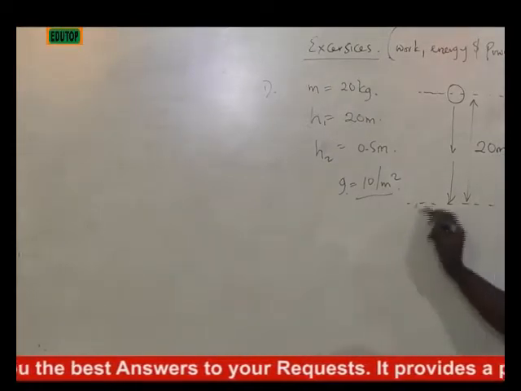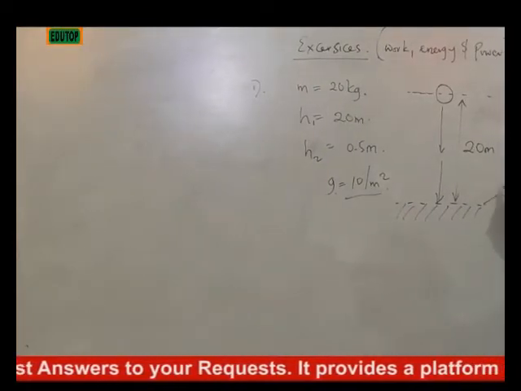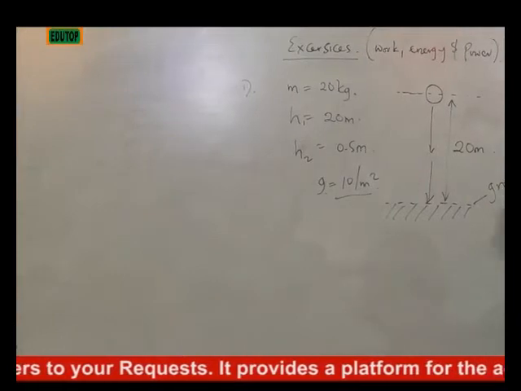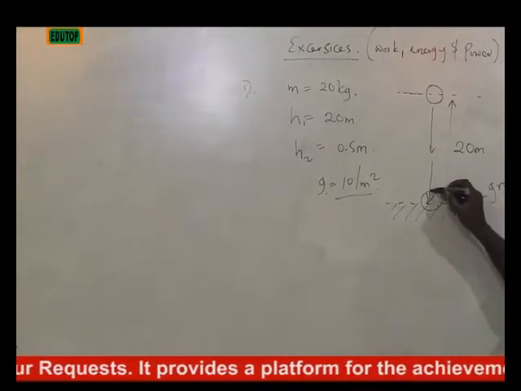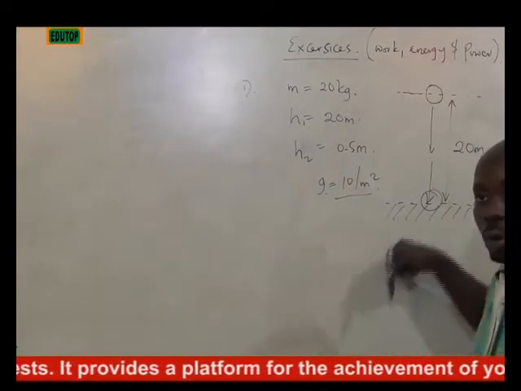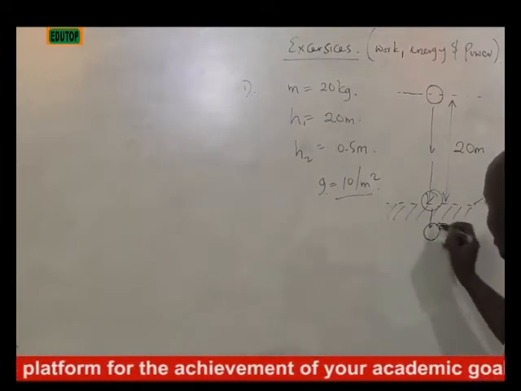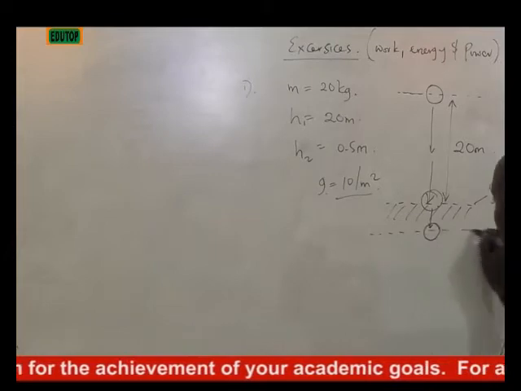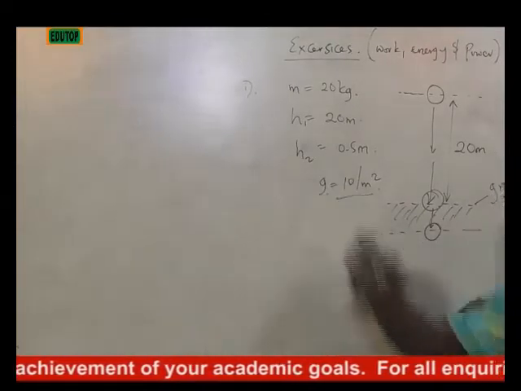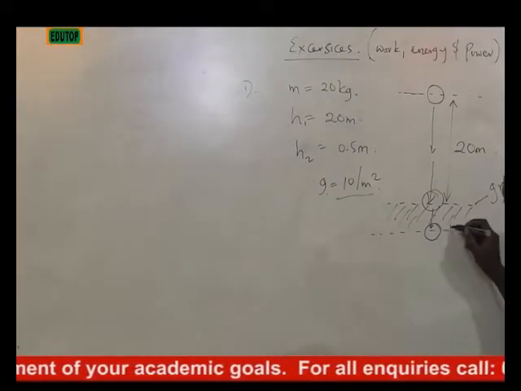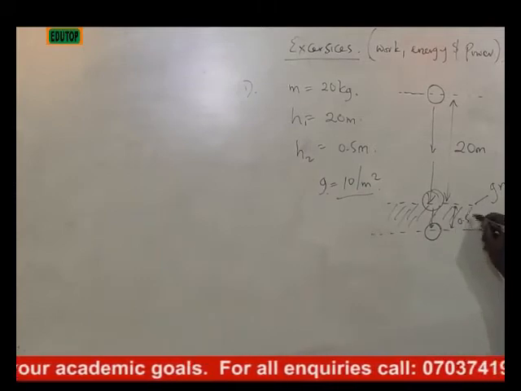Now, this is the ground surface. When it got to this ground, due to the force at which it was coming down, it still penetrated another distance into the soil. That's what they're trying to say there. And that gives us the second height. That second distance it penetrated through the soil is 0.5 meters.